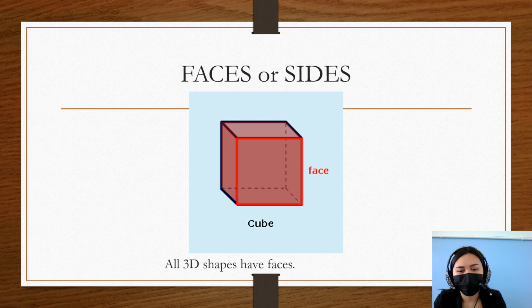Okay, faces or sides. Can you see the red lines? All of this in front is what we call the face of the shape. We can call it face or side. So all 3D shapes have faces.